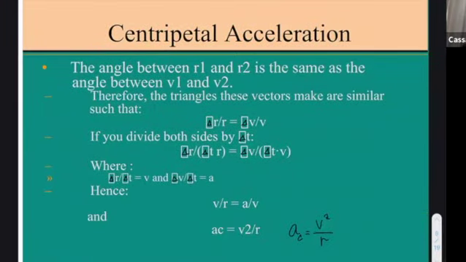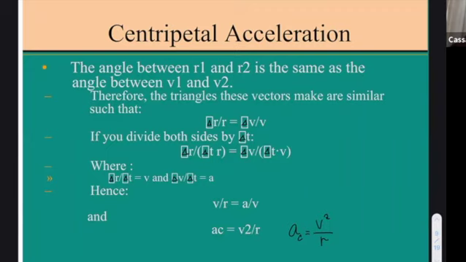So the angle between radius 1 and radius 2 is the same as the angle between vector 1 and vector 2, or velocity 1 and velocity 2. Therefore, the triangles these vectors make are similar. So this is basically just going through a proof.